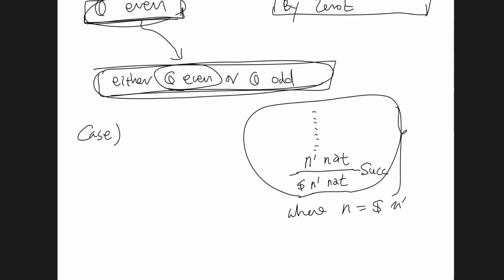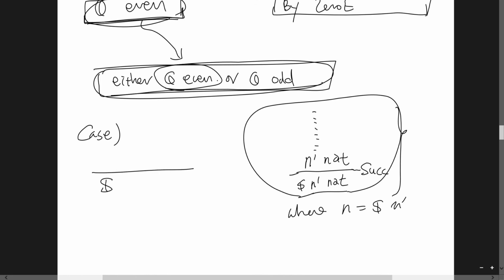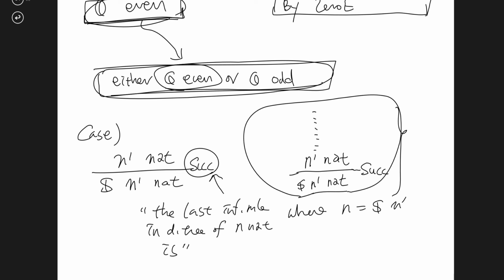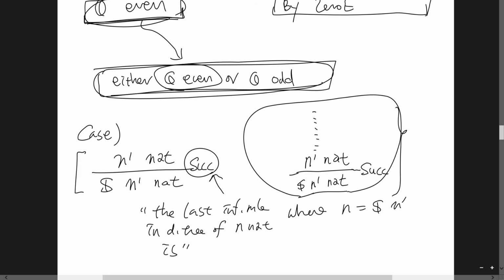So the case is this time successor n prime net, and the premise is n prime net, and the rule is a successor. So what is omitted here is this statement. The last inference rule in the derivation tree of n net is this rule successor. That's what is implied implicitly here. So this is the inductive case.